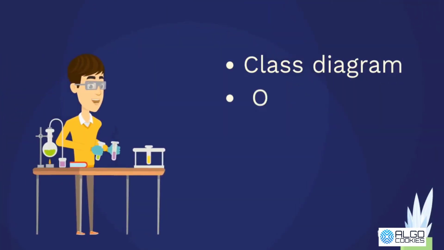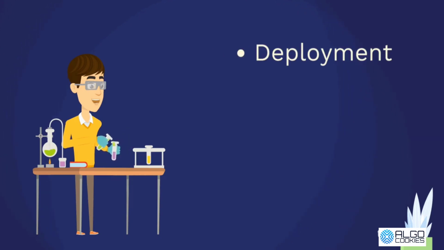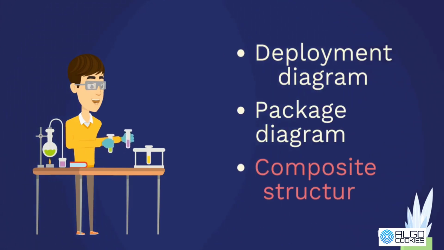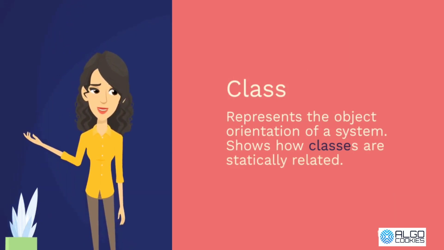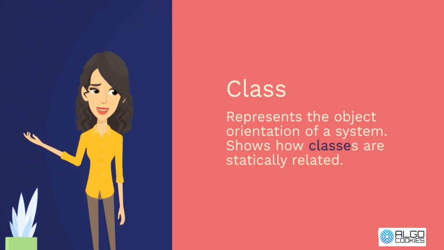Class diagram, object diagram, component diagram, deployment diagram, package diagram, composite structure. Class represents the object orientation of the system. Shows how classes are statically related.